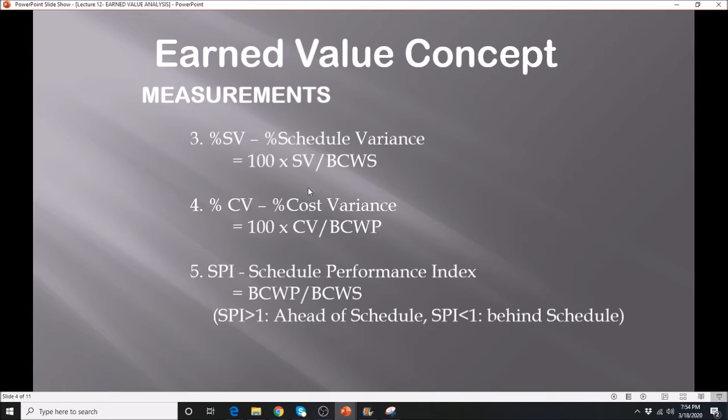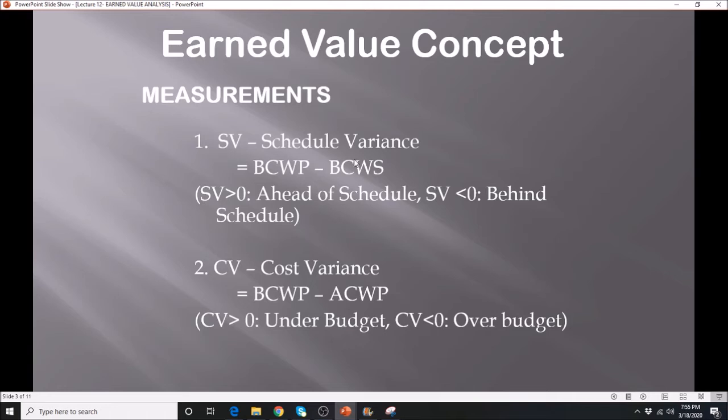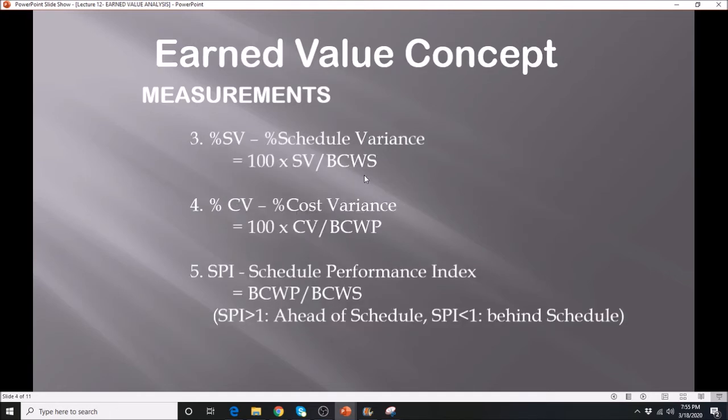We have several others here in terms of percentage of schedule variance. So we have here 100 times SV, the schedule variance that we calculated previously, divided by BCWS. That gives you, if you are interested, the percentage of variance between the baseline and the actual.